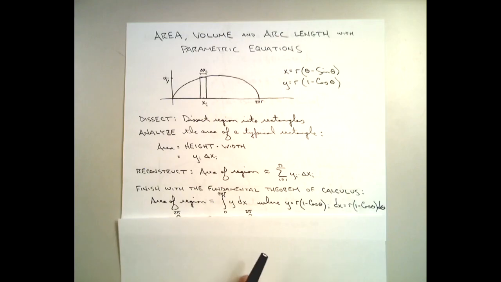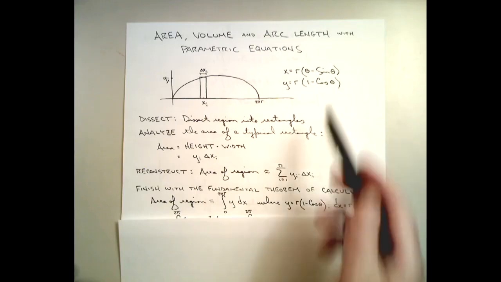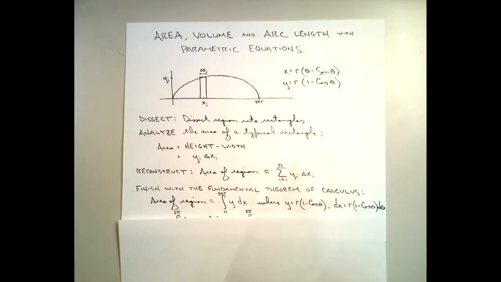So we're going from 0 to 2 pi r, and so far nothing has changed. Everything is exactly the same as what we were doing at the beginning of the semester. Only now, since we're working in the parametric setting, we'd like to translate this integral from values of x to values of theta, the parameter that we're using in our parametric equations.